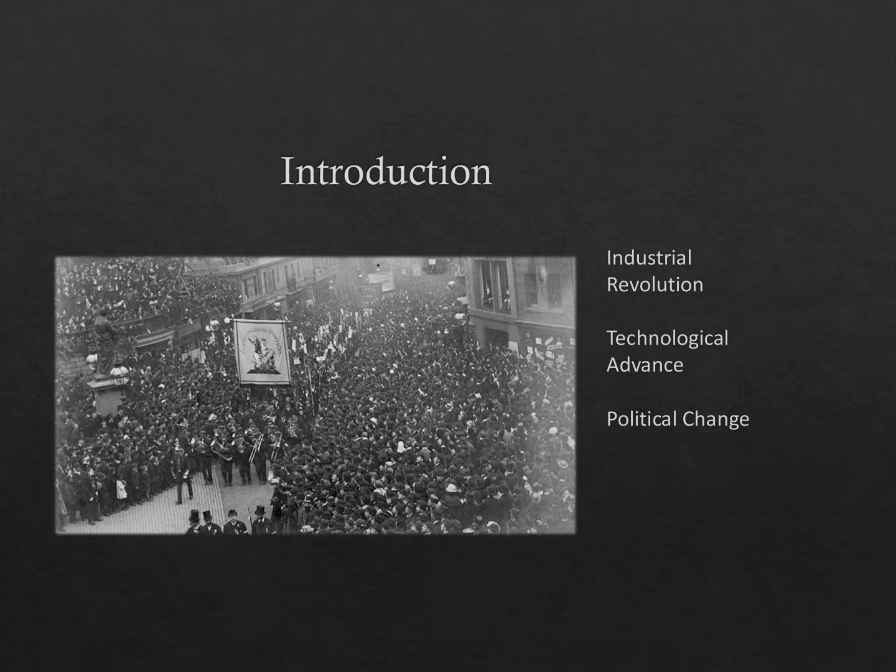There's going to be a huge expansion of the proletariat as well as the middle class. And this is going to fuel all sorts of political change. It's going to fuel some of the ideologies that we've started to see develop, like liberalism, socialism, and nationalism. And it's going to just bring massive amounts of change in its wake.